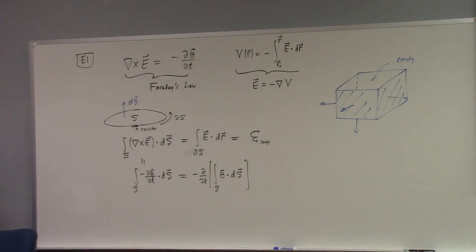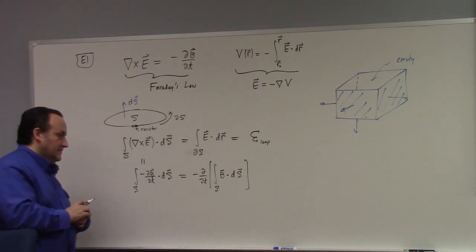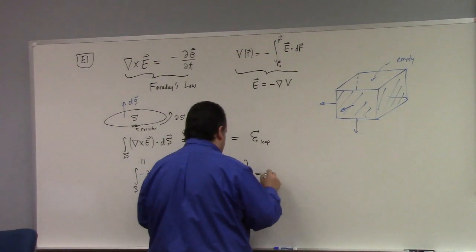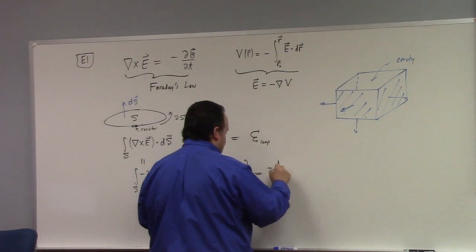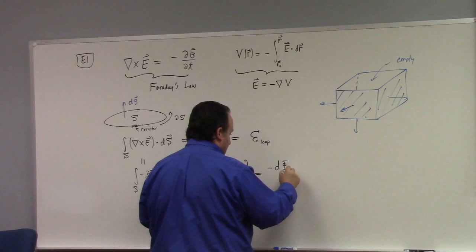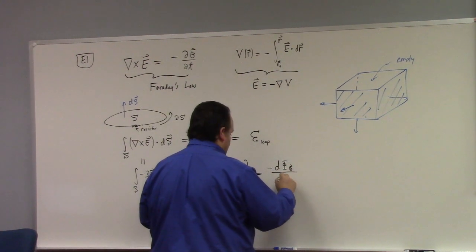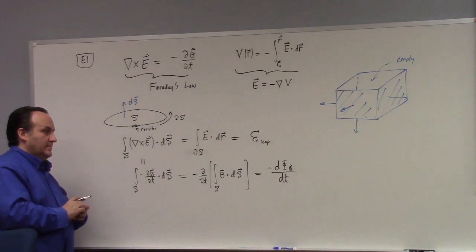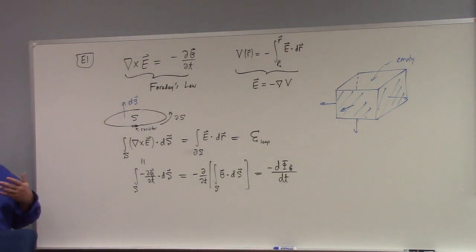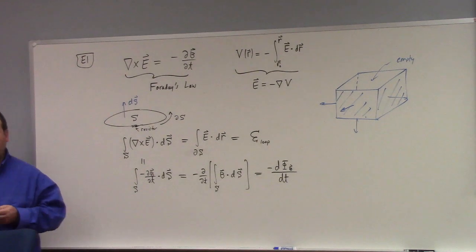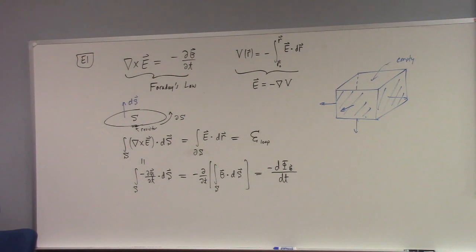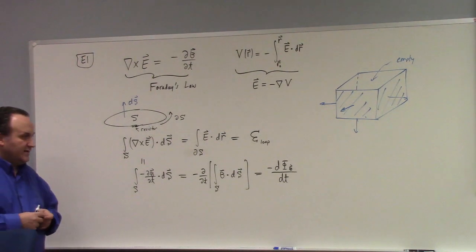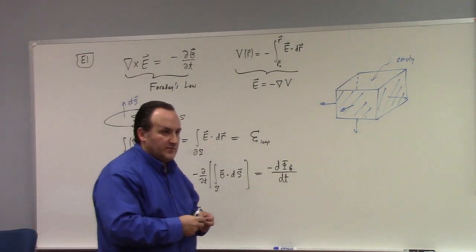But what is that? What is the integral of B dot ds over the surface? Well, that's the flux of the magnetic field. So what you've got here is basically minus the rate of change of the magnetic flux per unit time. And so that's Faraday's law. Faraday's law says that the voltage induced in a loop is proportional to the rate of change of the magnetic flux through the loop.